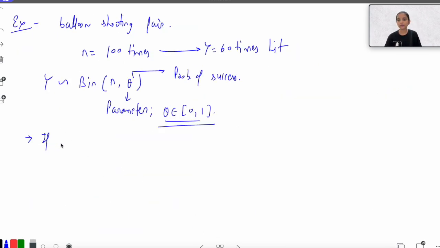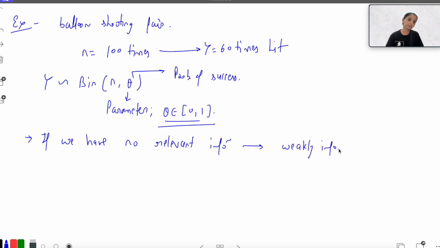If we have no relevant information, then we will be choosing a weakly informative or non-informative prior. We will see that later, but there is one weakly informative prior which is a uniform distribution.